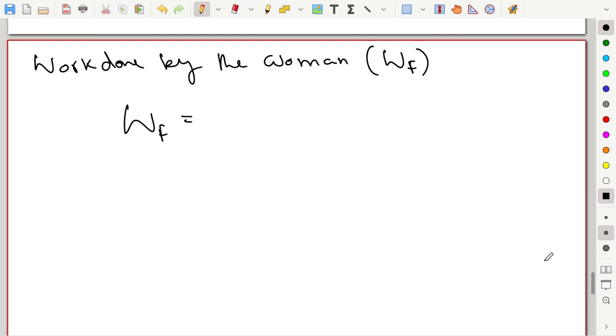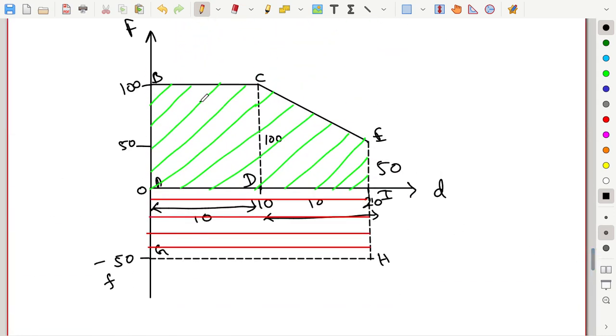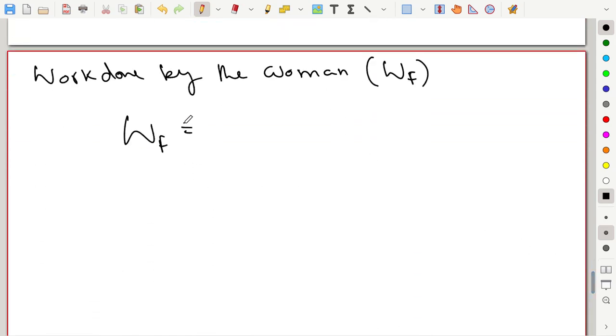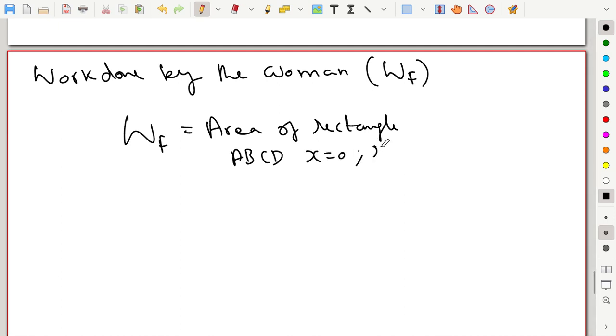So this entire area contains a square, a rectangle, and a trapezoid. The work done by the woman is the area of rectangle ABCD, for x between 0 and x equal to 10.